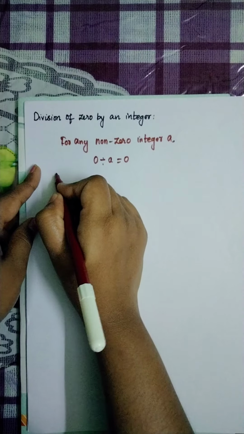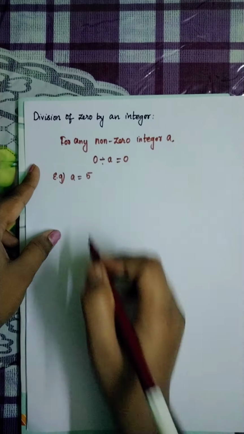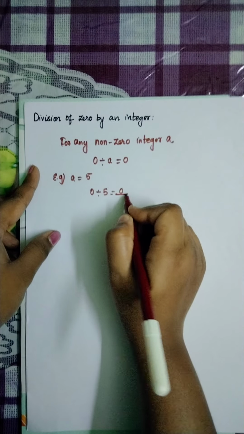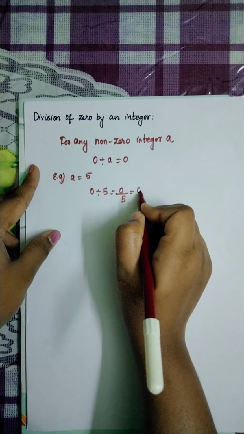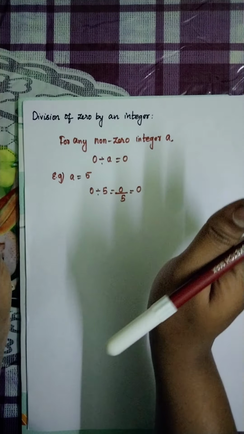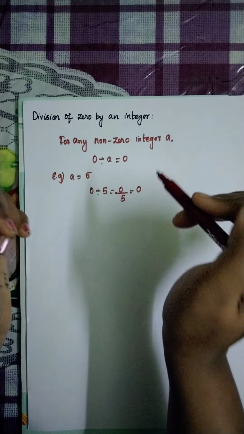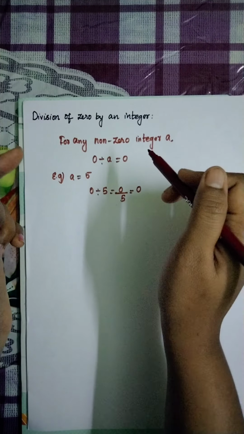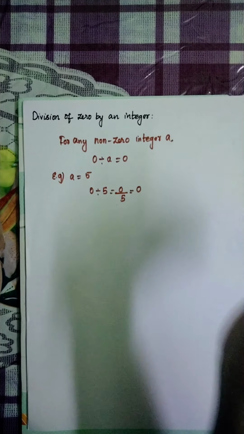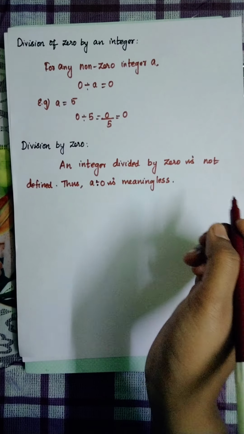For example, value for a is 5. So 0 divided by 5 is equal to 0. If the numerator is 0, the answer is 0. Keep it in mind. Understand?